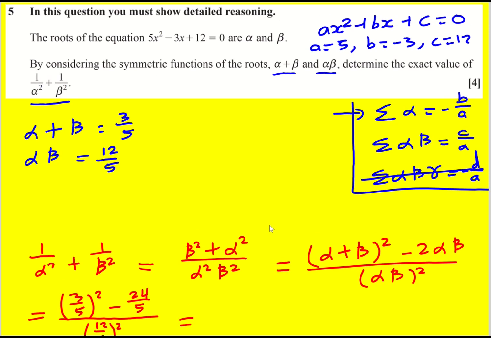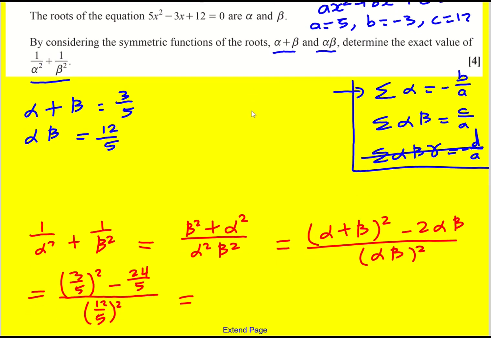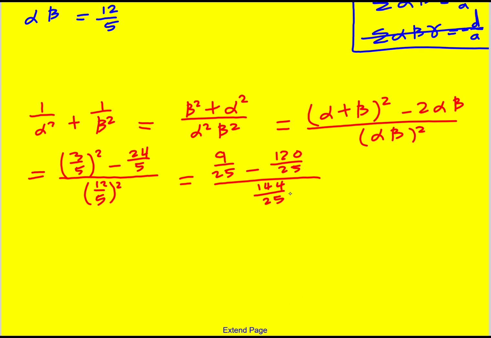I could use my calculator for this, but we were asked to show detailed reasoning, so I'm going to avoid it. I'm going to get 9 over 25 minus 120 over 25 all over 144 over 25. And you can just get rid of these, or you can keep change flip and get rid of it after that.